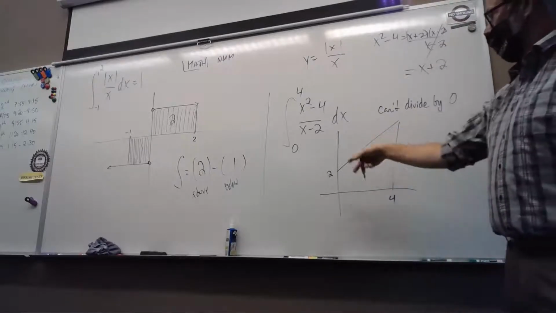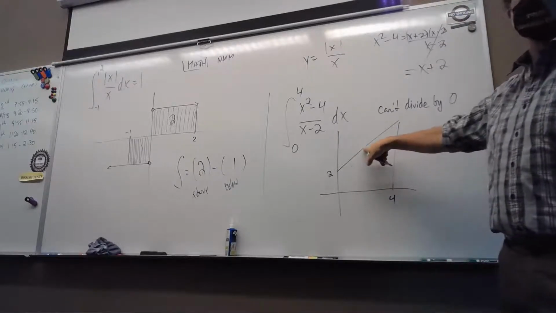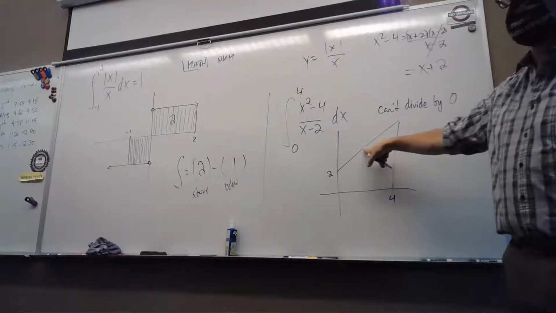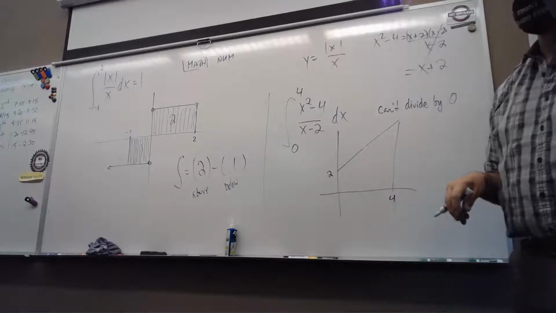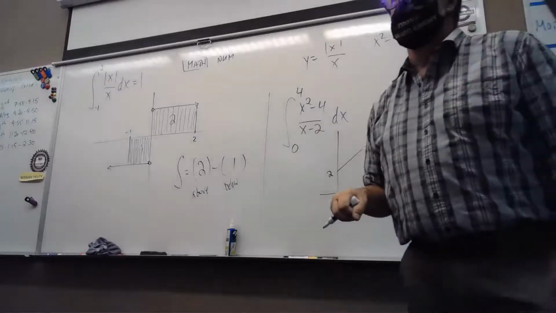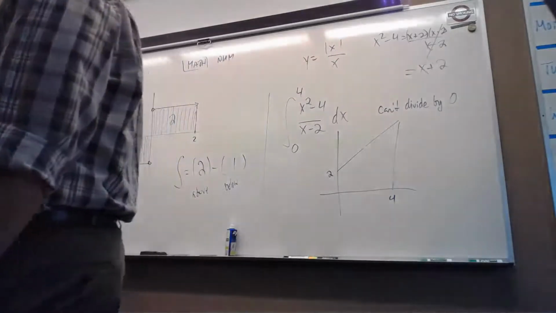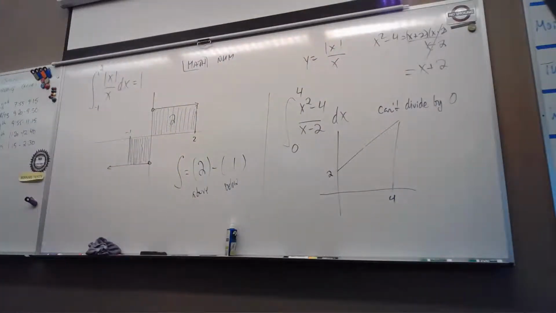I mean, there's a trapezoid. Is that hole going to affect my area? Why? How big is the hole? How wide is the rectangle right at that hole? When you say really small, how small do you really mean? Yeah, that hole is infinitely small.